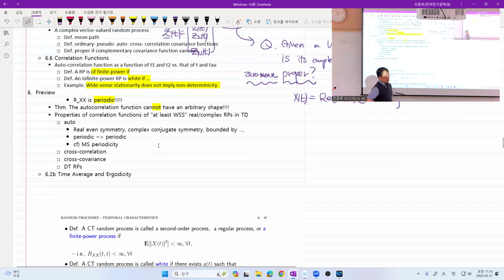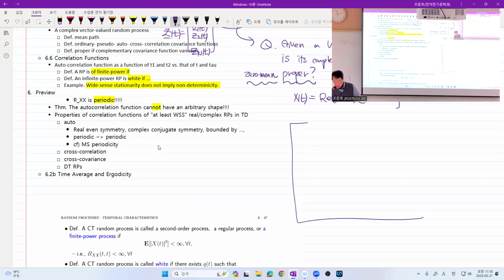Now, here goes section 6.6, where we talk more about correlation functions, not only the autocorrelation, cross-correlation, complementary correlation, and complementary covariance functions. The first thing related to autocorrelation function of random process is, first, we divide the entire set of random processes into finite power random process and infinite power random process.